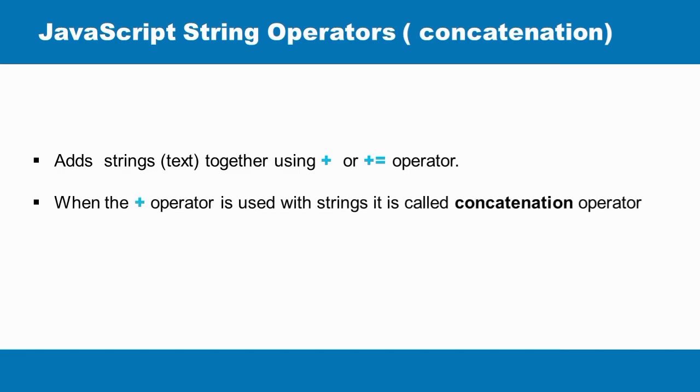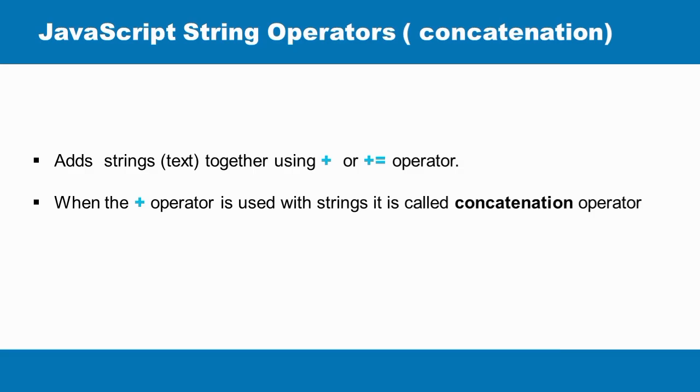So when you're using string operators, you can use the addition operator, or you can also use the addition and assignment operator, which is the plus equals to. So you can use both types of operators to achieve a string operator function.